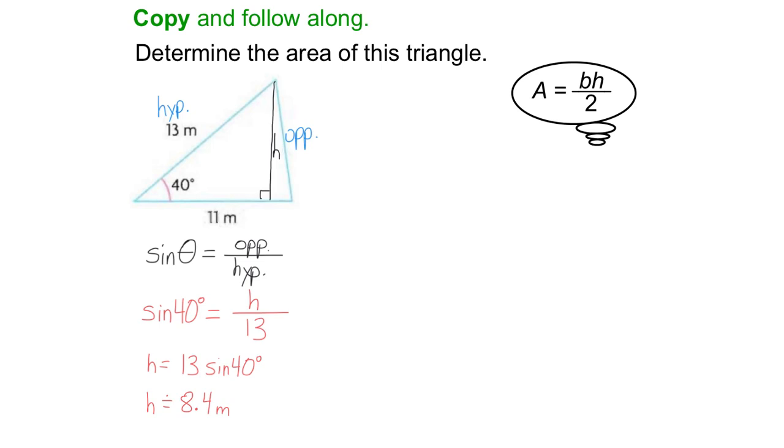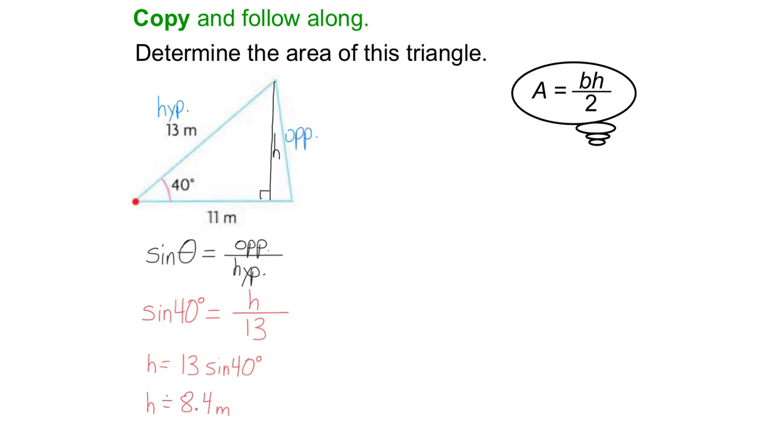Before I move on, I just want to point this out. I'm not using the adjacent side in my calculation because if you think about it, this 11 meters is the distance from here all the way to here, but in the right triangle, I don't know how long this side is because it stops here, and I don't know this little distance over here.